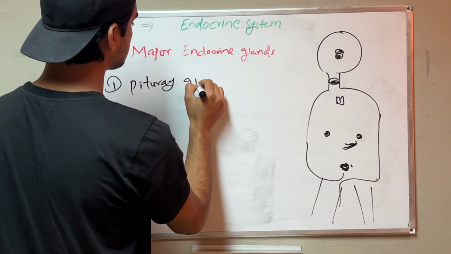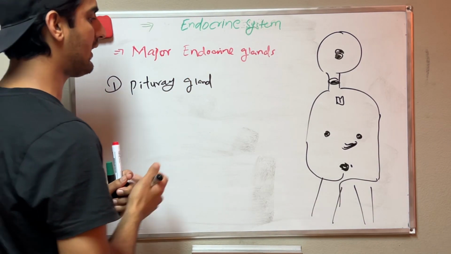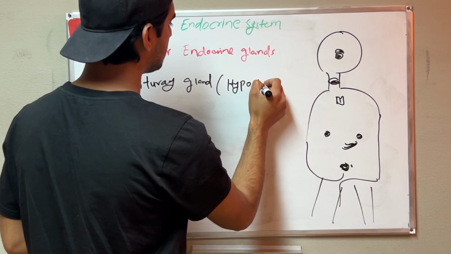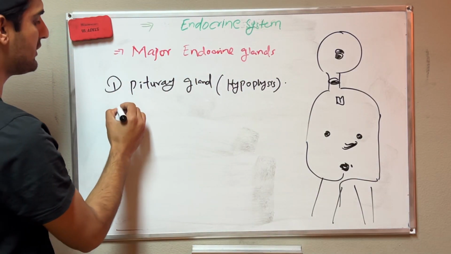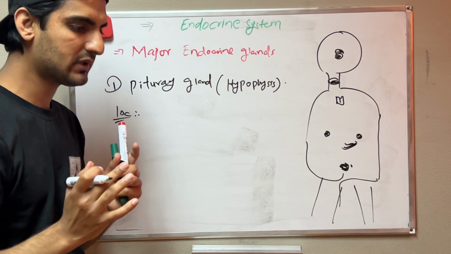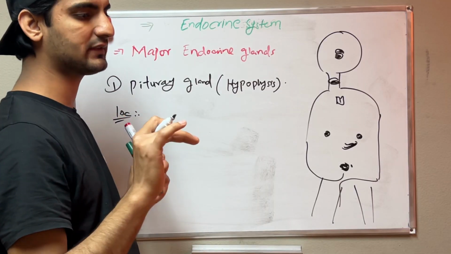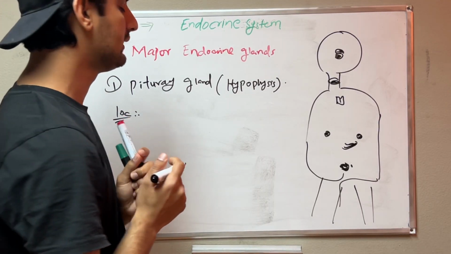Pituitary gland, and we can also say this is the hypophysis. Hypophysis is the second name. Now we will talk about where it is located. If you remember the sphenoid bone, when we discussed the body of the sphenoid bone, there we have the superior surface of the body, and there we have the formation sella turcica.